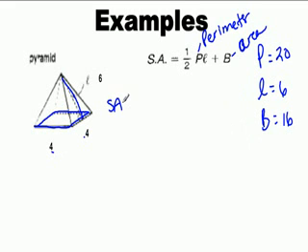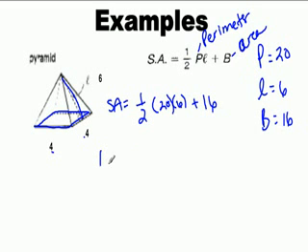So let's plug this in. 1/2 times P, which is 20, times the slant, which is 6, plus the area of the base, which is 16.